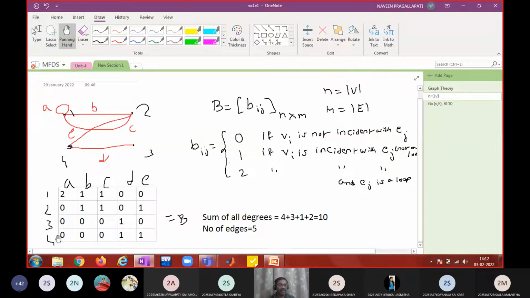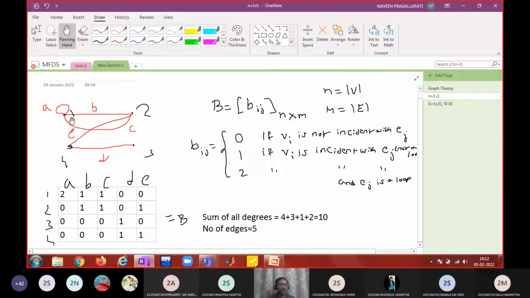In this example, these are all vertices. Vertices are denoted 1, 2, 3, 4, edges are denoted with A, B, C, D, E. So you can see vertex 1 is incident with A, because it is a loop I have written 2, and vertex 1 is incident with B, therefore it is 1. Vertex 1 is incident with C also, therefore 1.